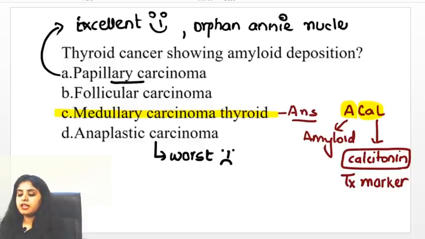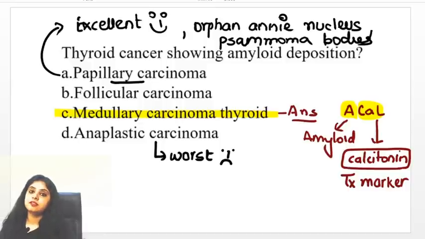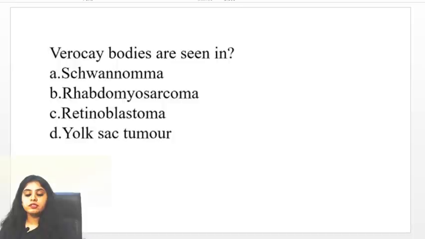And any type of calcification in papillary carcinoma thyroid is Psammoma bodies, right? So Orphan Annie eye nucleus, Psammoma bodies, done. Amyloid, medullary carcinoma.